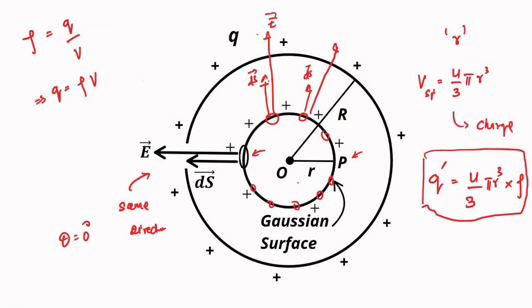So here q dash will be equal to 4 by 3 pi small r cube into rho, which is equal to q by 4 by 3 pi capital R cube, where the entire volume of the sphere is considered.